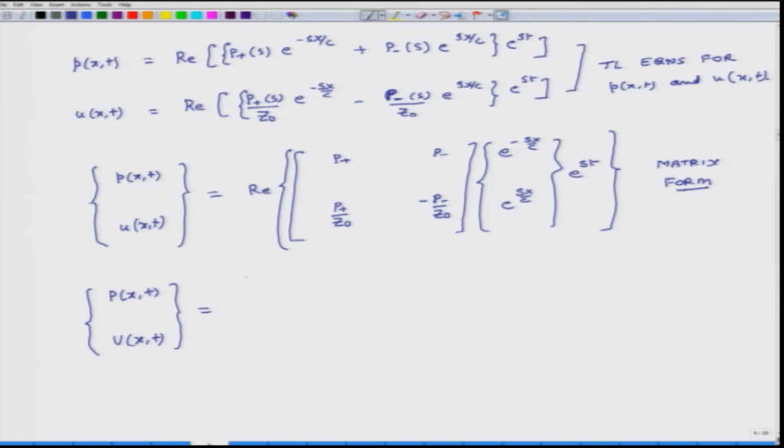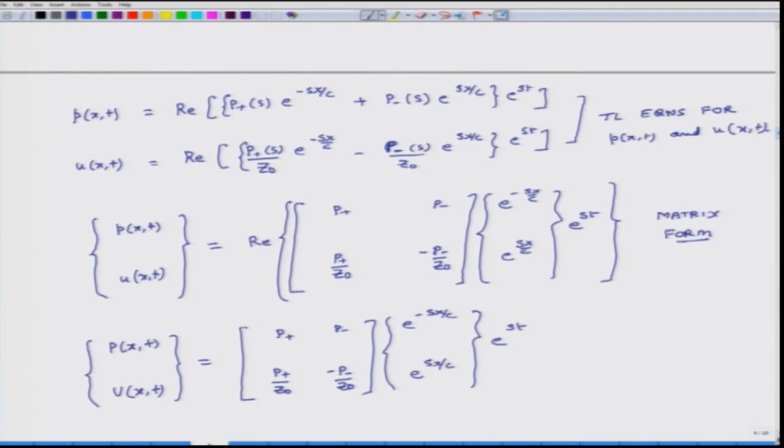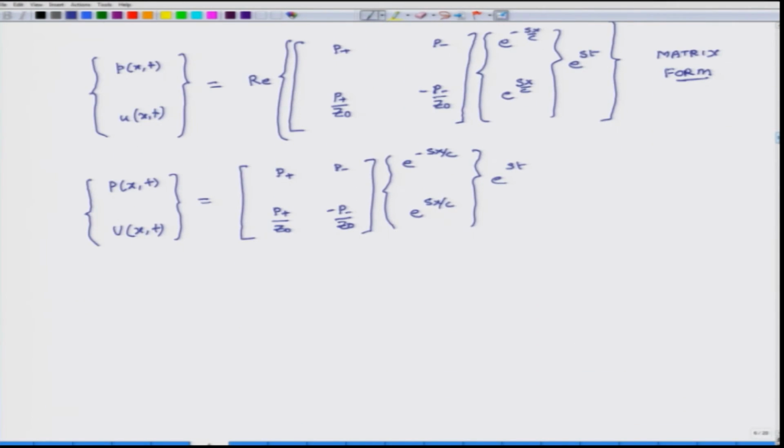So, this is equal to P plus, P minus, P plus over Z naught minus P minus over Z naught, e to the minus S x over C, e to the S x over C, times e to the power of S t. So, this is the third form, okay. But essentially all of these forms depict the same reality.